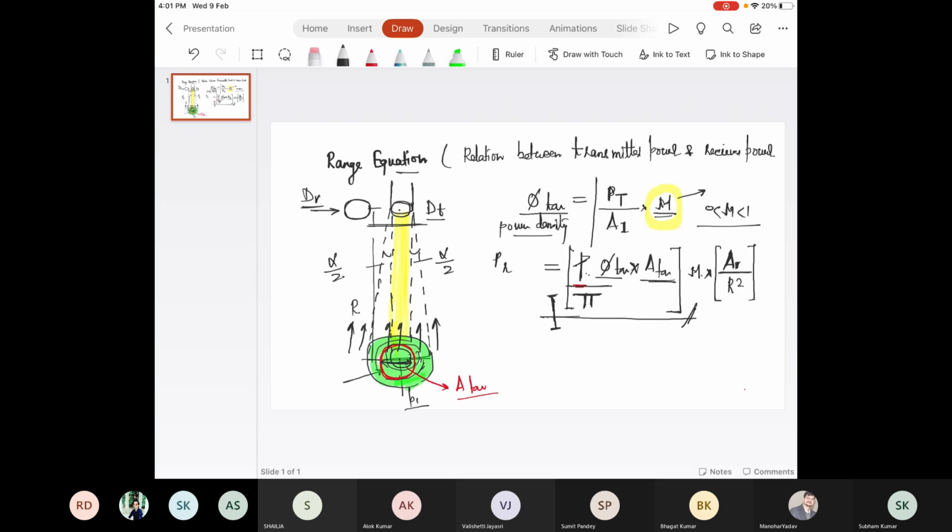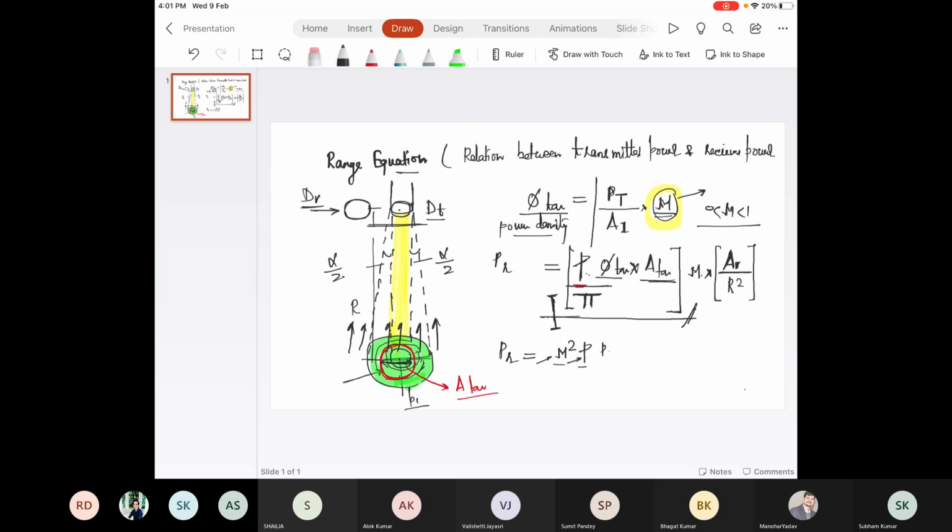So ultimately, if you write the final equation, the received power is equal to m square, that is m twice, into rho. These two are constants, the atmospheric transmission as well as the reflectance.